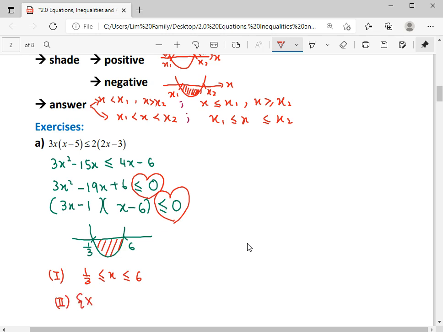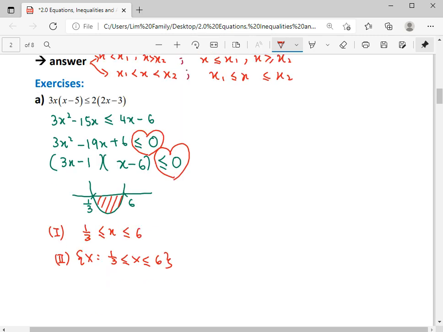Or we can put it in set form. Or we can put it in interval form, which means we start from 1 over 3 included until 6 included. So this is how we solve our quadratic inequalities.